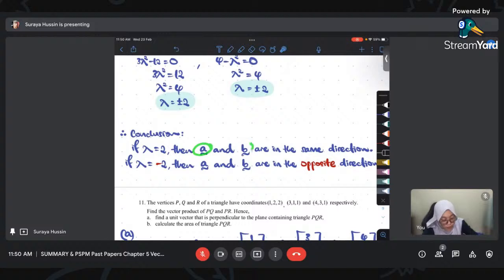Vector A and vector B are in the same direction. But if lambda is negative 2, vector A and vector B are in the opposite direction. That's it. That's how easy you make a conclusion sebab you faham apa itu same direction, apa itu opposite direction. Easy.